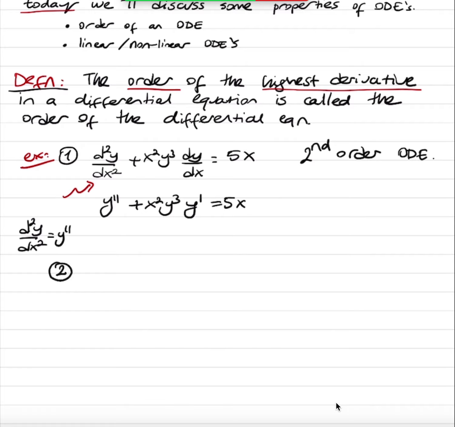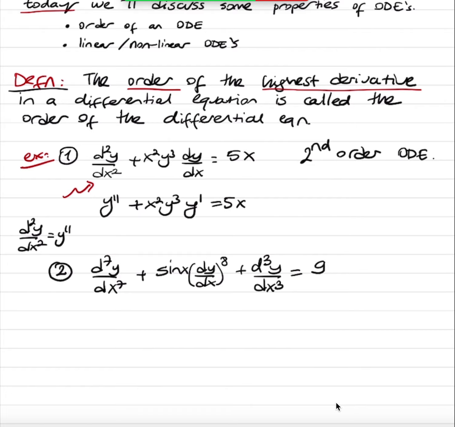Okay, let me give another example. So let's look at this one: d to the power 7 y dx to the power 7 plus sin x times dy over dx to the power 8 plus d cube y dx cube is equal to 9.